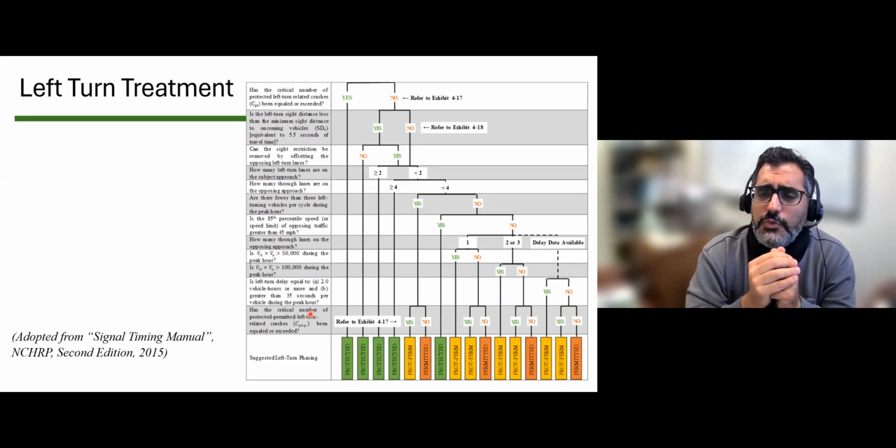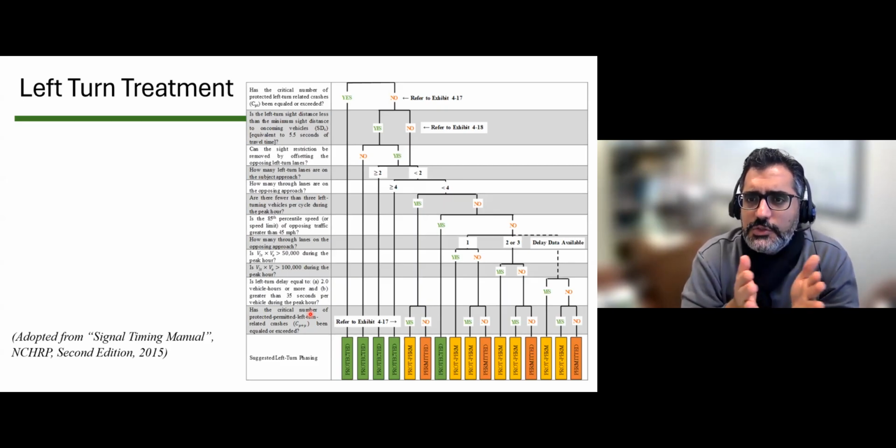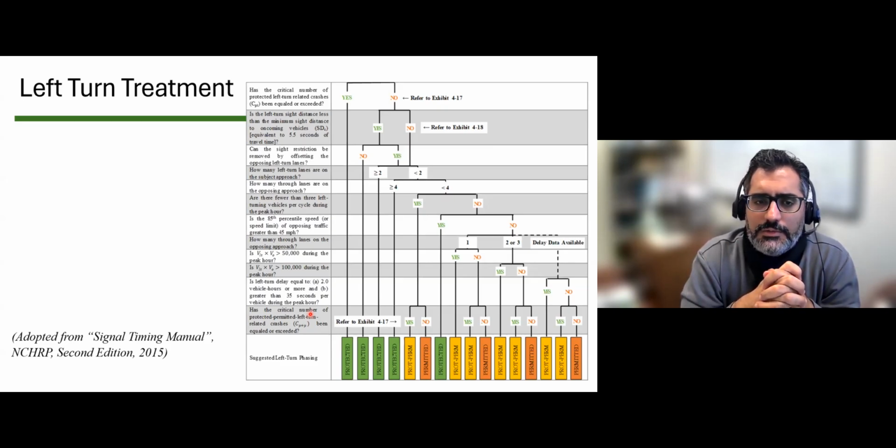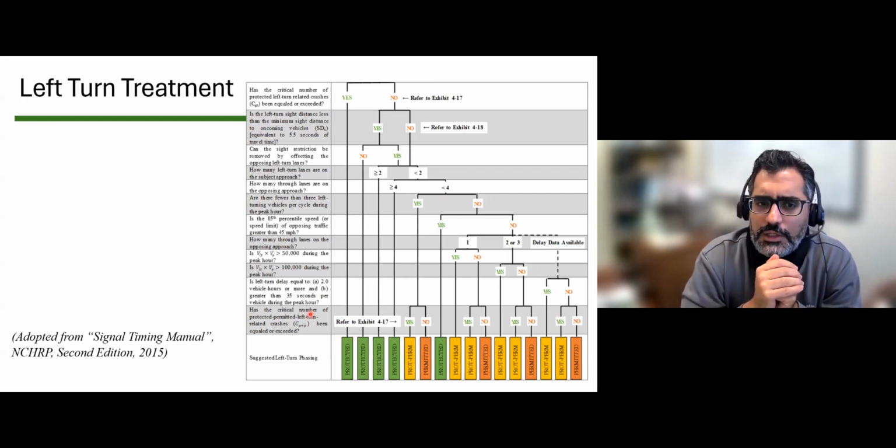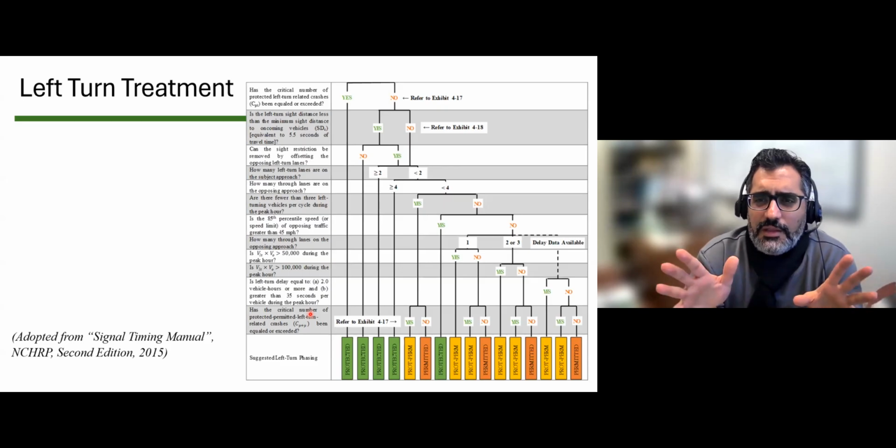Most of the times, if you do not have crash history, if you do not have information about the delay, for example, at an intersection, people just depend on volumes. Left turn volumes are probably always going to give you an accurate estimate of what we need to do. So higher volumes require protected left turns, lower volumes need a permitted.